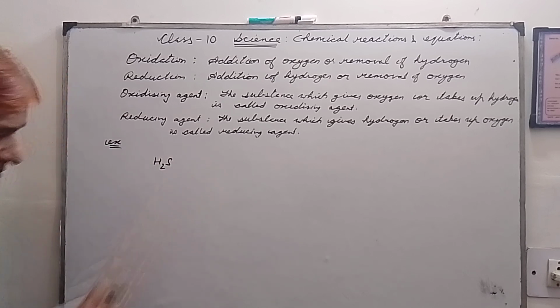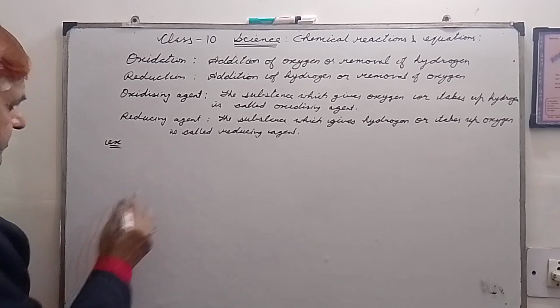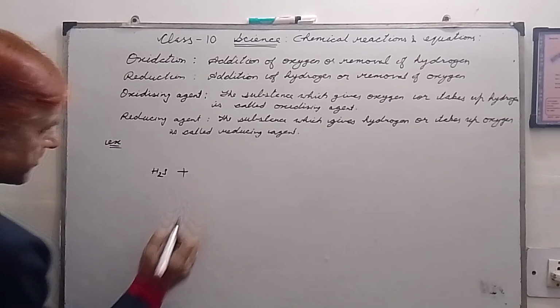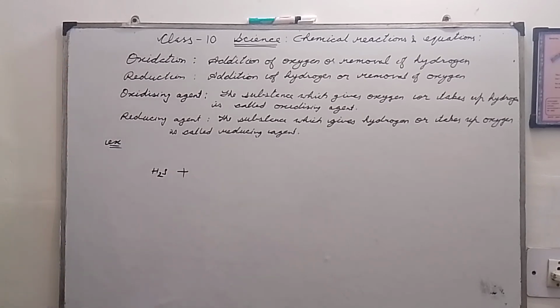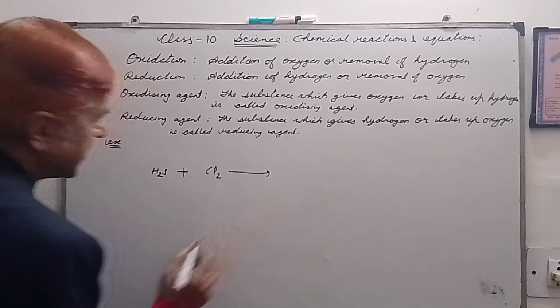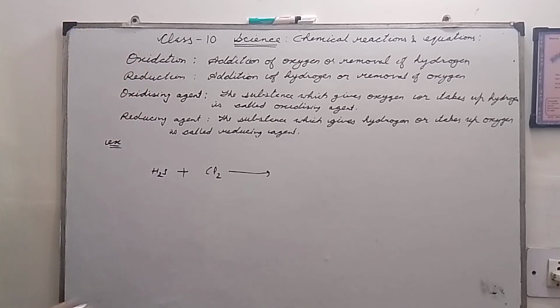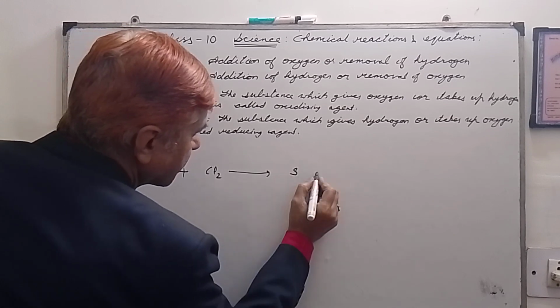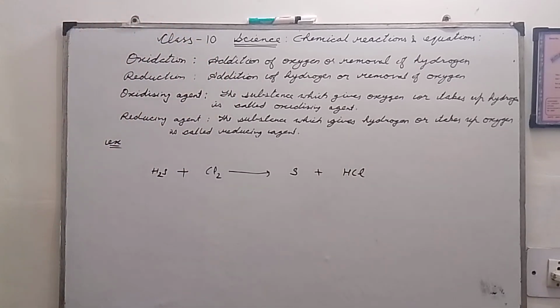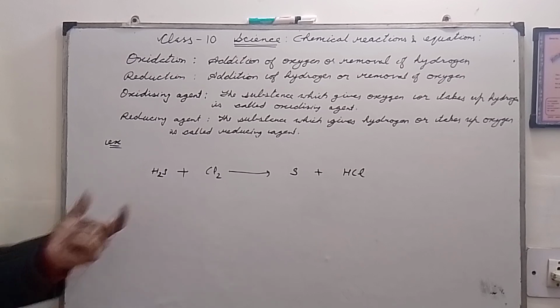H2S plus chlorine is equal to sulfur plus HCl. Now my dear students, this is the equation we have.